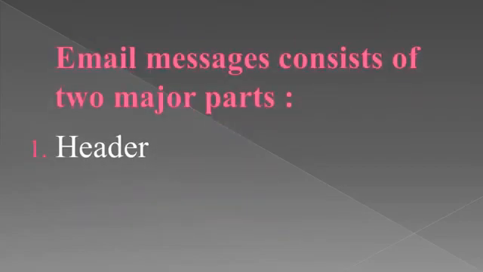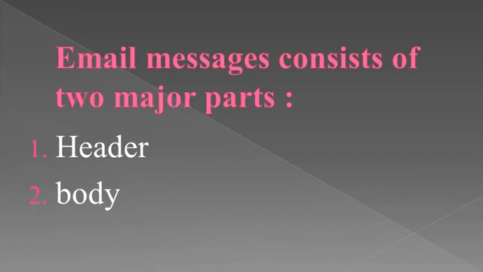Move to next one, parts of email message. Email messages consist of two major parts, header and second one is body. First of all, let me tell you about header. The header of the message is divided into fields such as sender, receiver, summary and other related information. The header section of email includes the following fields.